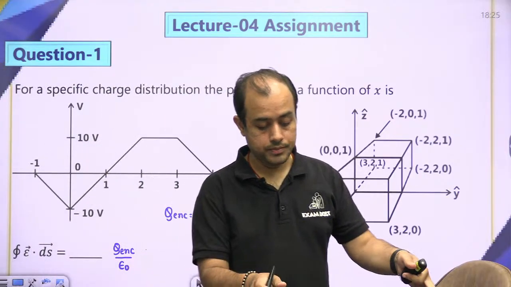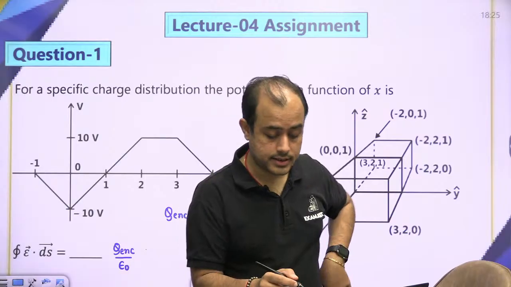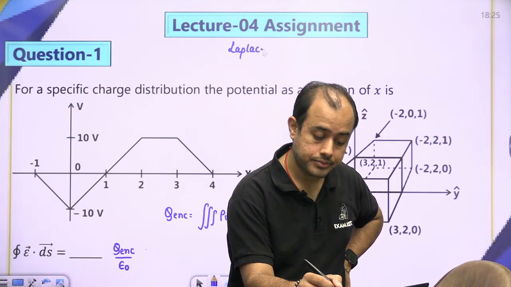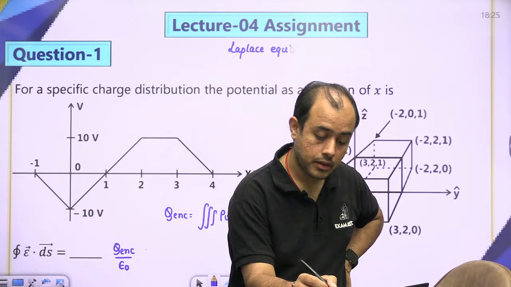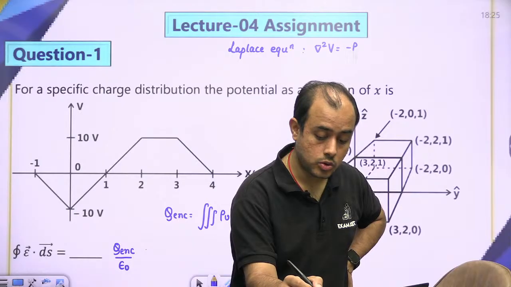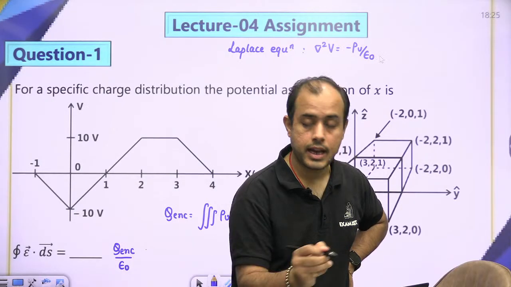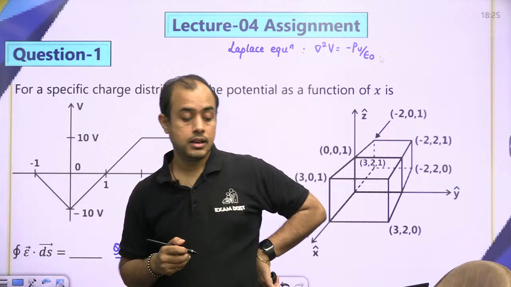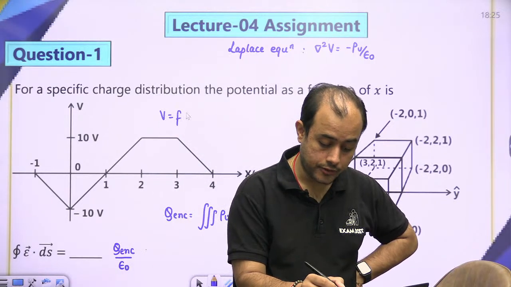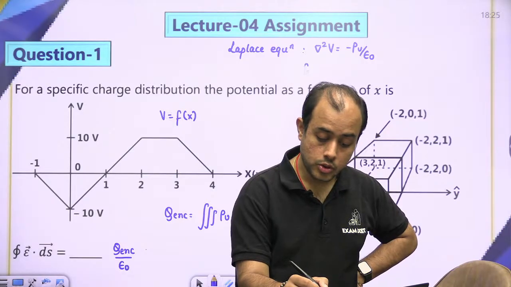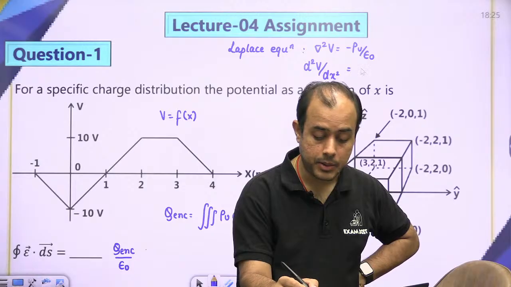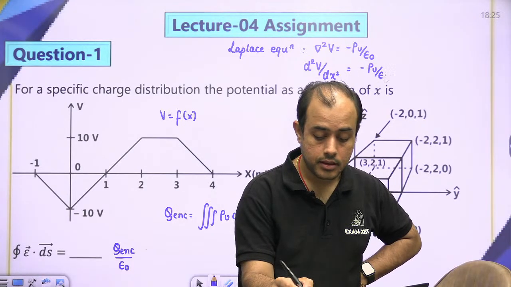Now my children, first thing you must understand, by Laplace equation, del square V is minus rho v by epsilon naught. Okay. So now beta, because potential is a function of x, you can write d square V by dx square. That is the Laplacian in Cartesian.